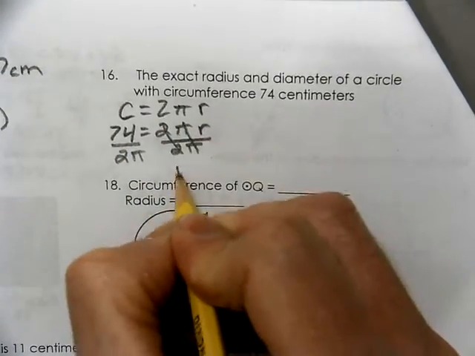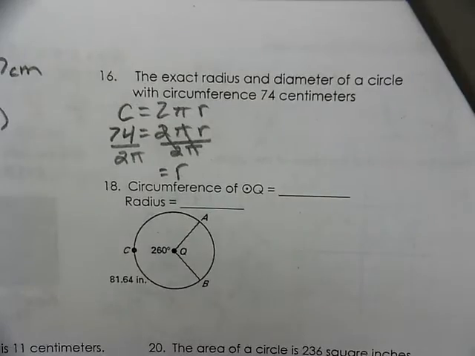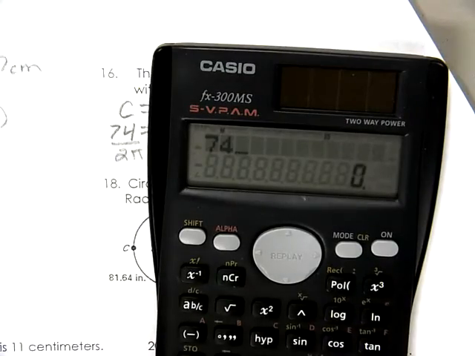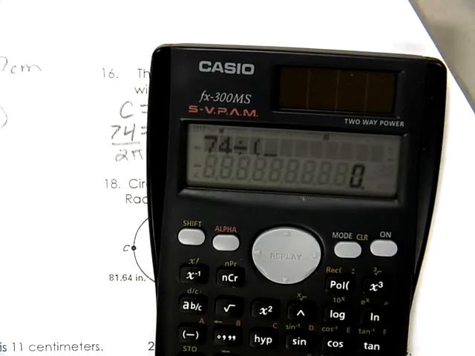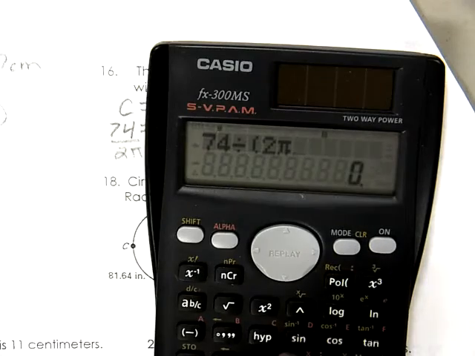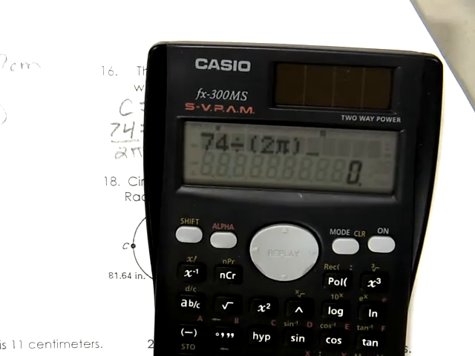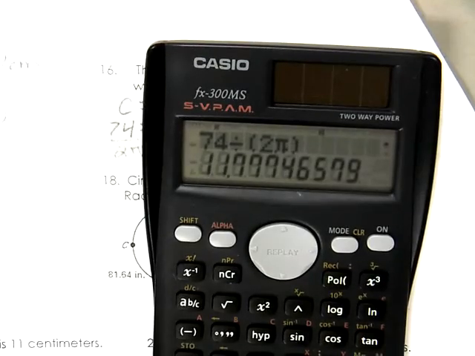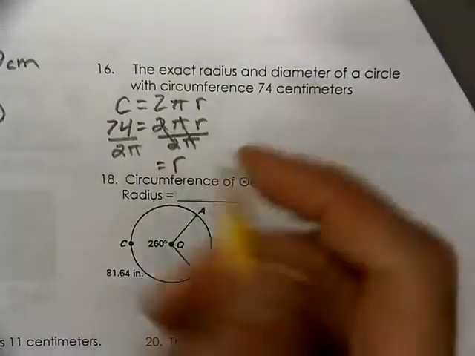That would cross them off and give us the radius. So I'm going to take 74 and divide that by 2 pi. You should use parentheses. You need to use the parentheses with the graphing calculator for sure. You get 11.78.